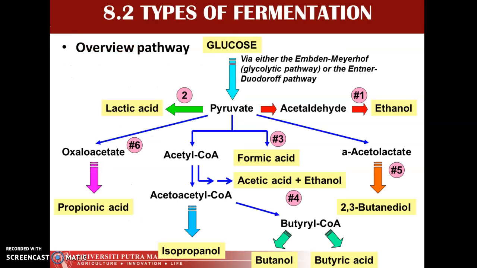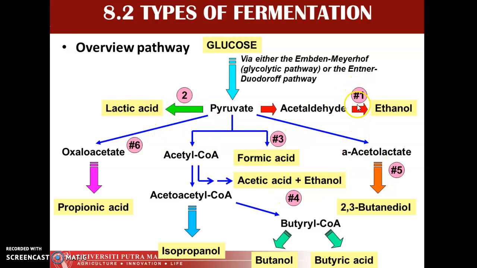Okay, so this is the example of the pathways. Take note that this is only the EMP and ED pathway. The phosphoketolase pathway is not shown here because it would look too messy for you. Okay, so you can see the numbers here. This is just an example.